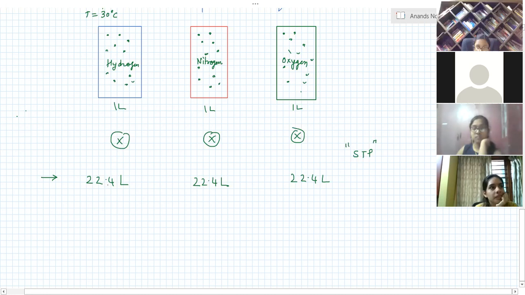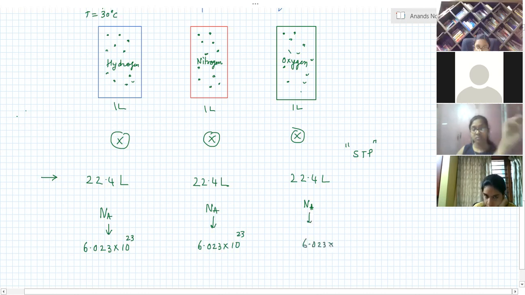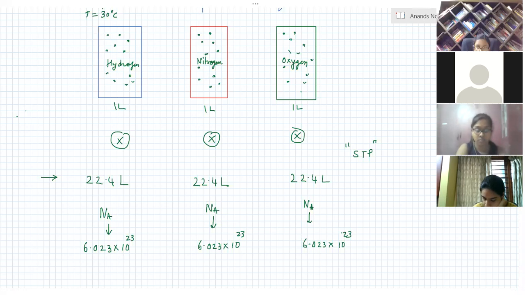Now this X has a number that is called the Avogadro number, Na. And we now know this Avogadro number to be equal to 6.023 into 10 to the power of 23. This is the beauty of all these fellows. They have been doing all simple stuff so far, and suddenly you have something very significant.